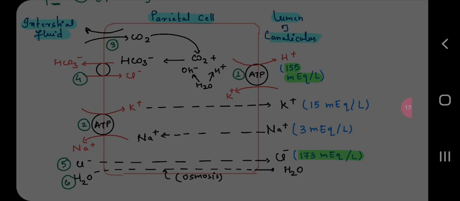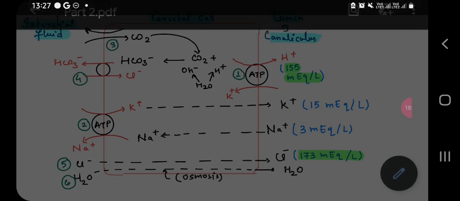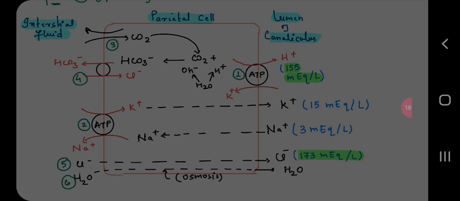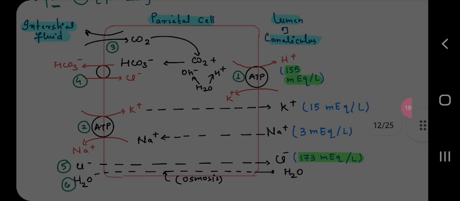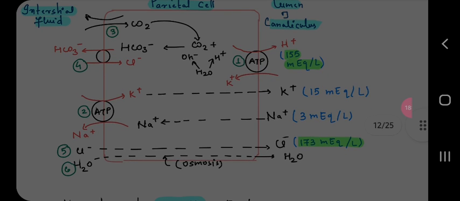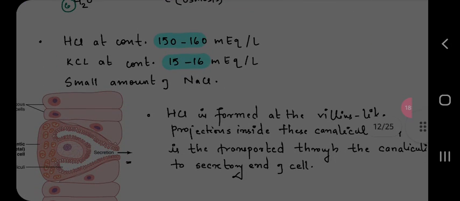This H plus combines with chloride which comes into the lumen side, and all this H plus is transported to the lumen side with the help of H plus K plus ATPase, and H plus and Cl minus combine to form HCl.